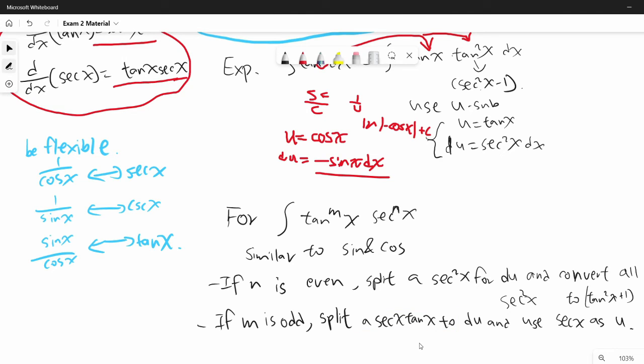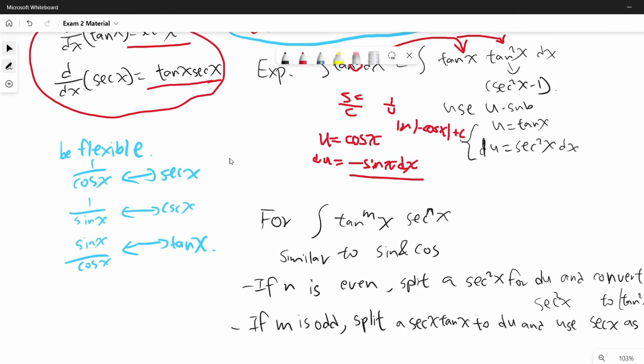Then you can write that aside, and even if you take out one of the secant squared or a secant x or tangent x, you will have an even power, and then you can convert that all to tangent or secant, and then u-sub from there.